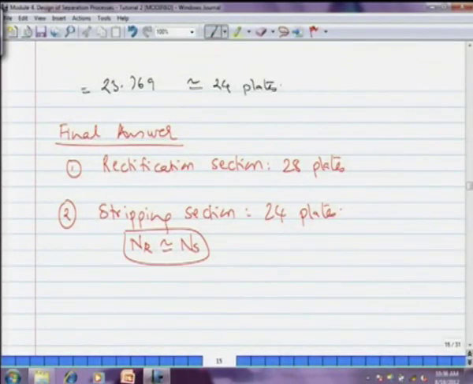So, you can have a generalized relation as NR more or less equal to NS. The number of plates in the rectification section is more or less equal to the number of plates in the stripping section. So, that completes the first problem of today's session.